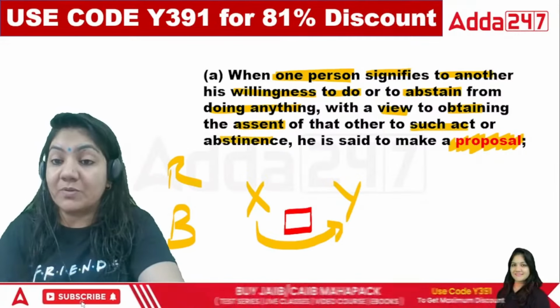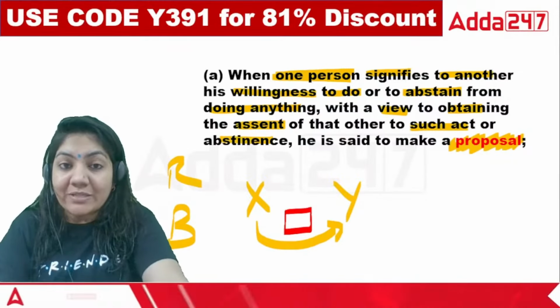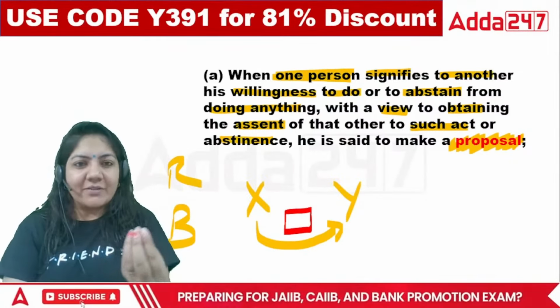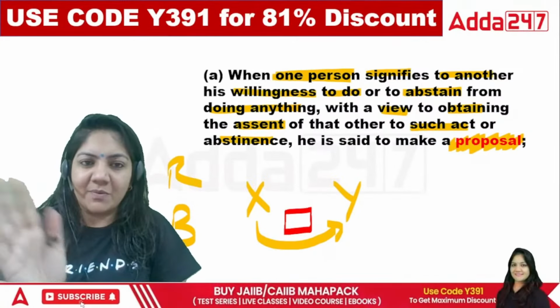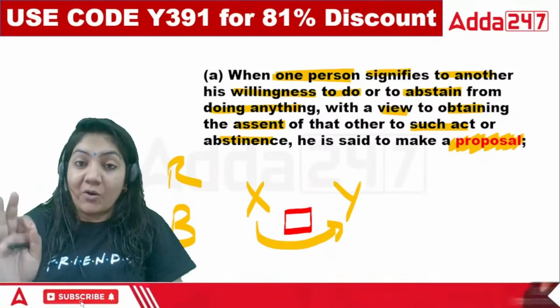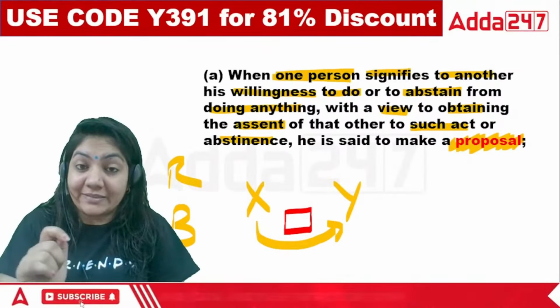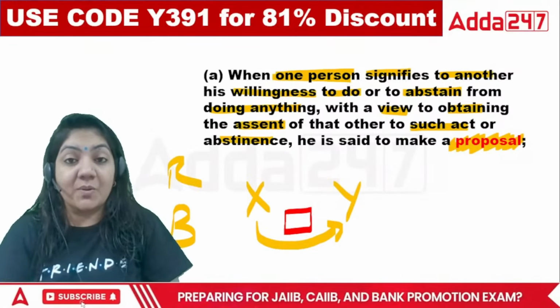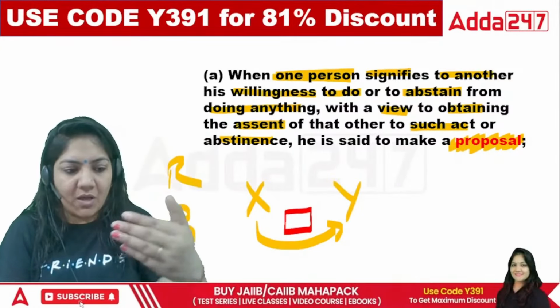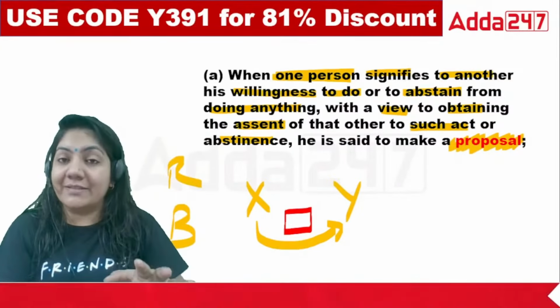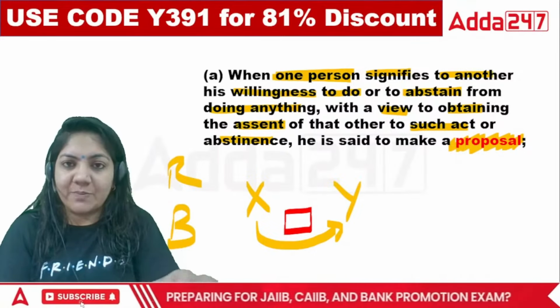It is called proposal. As we can easily see, offer is a very simple term: if one person gives something to another person, that is called offer. But according to the Indian Contract Act, this is the exact definition of the term proposal. It may happen that in the exam, 4 options will be given: offer, acceptance, proposal, promise.